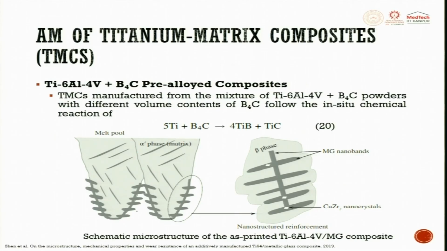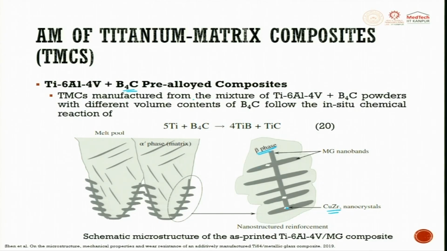This is the mixture of boron carbide with Ti6Al4V. So, you have a melt pool, you have an alpha phase, you see these are beta phase and these are all Mg nano bands formed in the reinforcement, and copper zirconium are also formed as nanocrystals during the process.